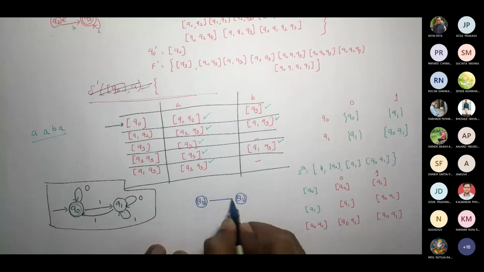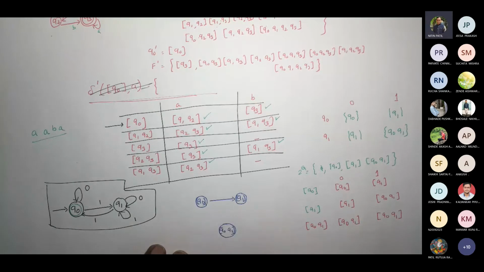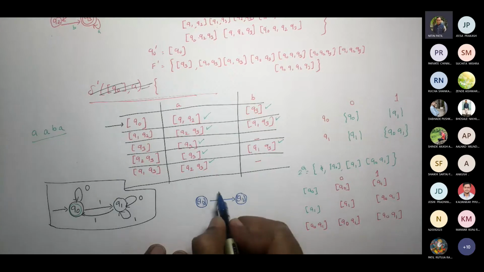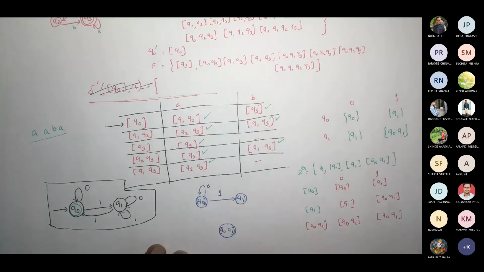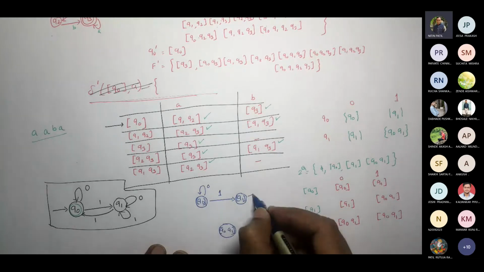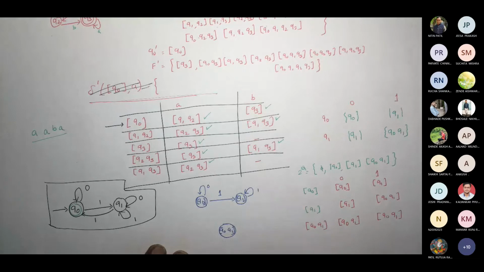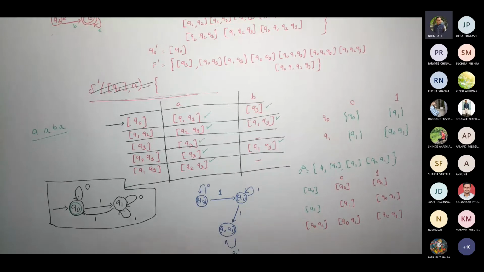So I will draw like this. From Q0 to Q1, it would be 1. From Q0 to itself on 0, from Q1 to itself on 1, and from Q1 to Q0, Q1. And from Q0 to this is 0, 1.